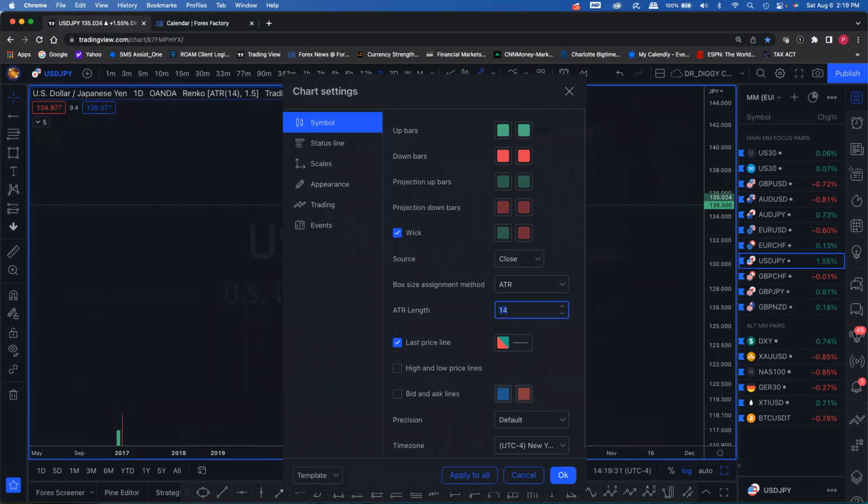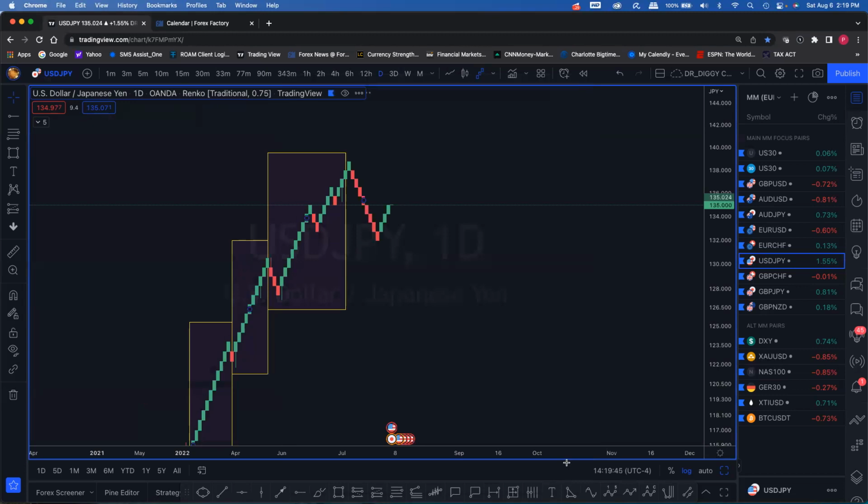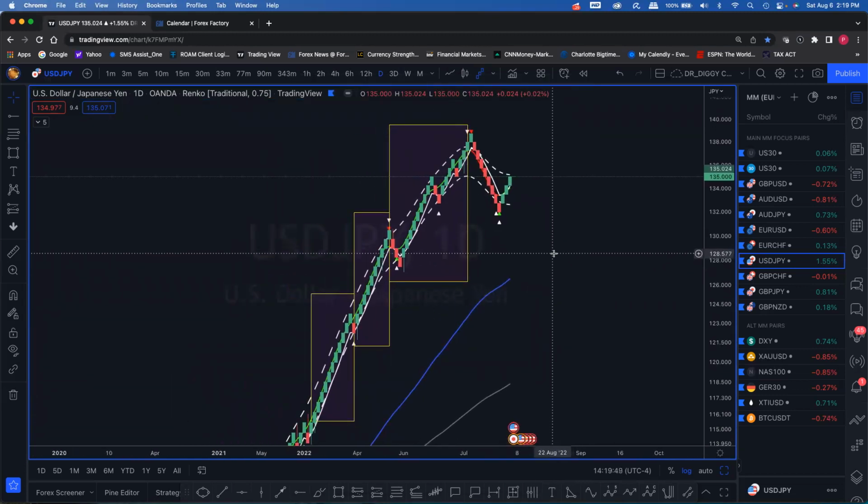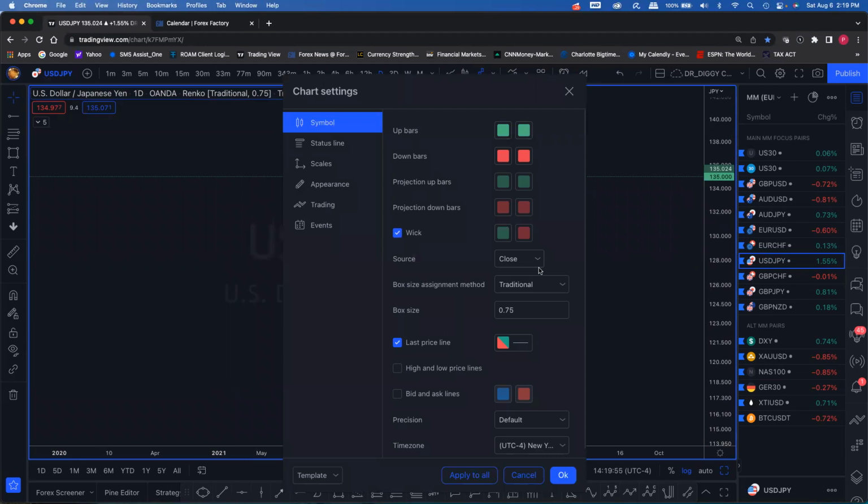So if I did 0.75 for traditional, that's for Forex pairs. I'm only using the 0.75 because I just took half of the brick size of what the ATR was.